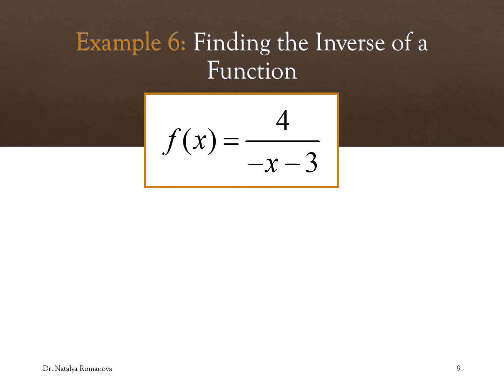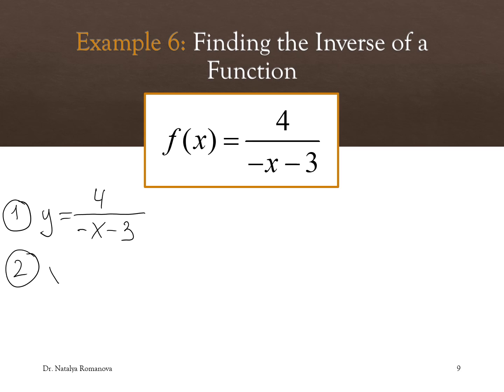Now we have to find the inverse of a rational function f of x. The first step, we replace f of x with y: y equals 4 over (negative x minus 3). Step 2, interchange x and y.